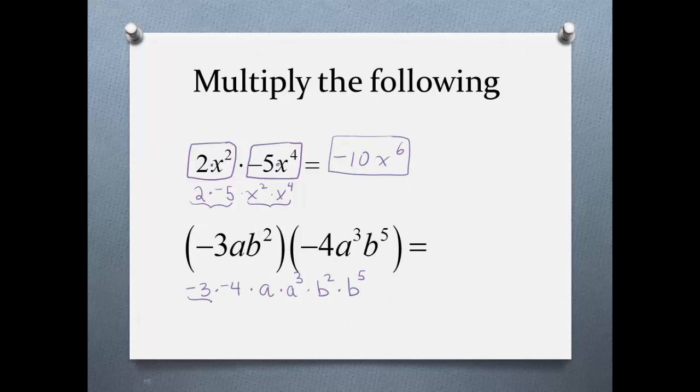And then I'll multiply the coefficients and the like bases. So negative 3 times negative 4 is positive 12. If I multiply a times a cubed, remember that's a to the first times a cubed, so that's a to the fourth. And b squared times b to the fifth is b to the seventh.